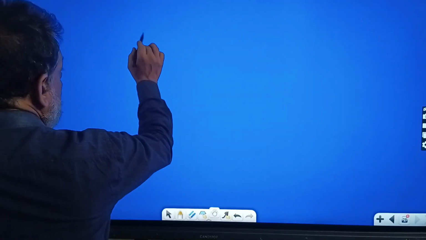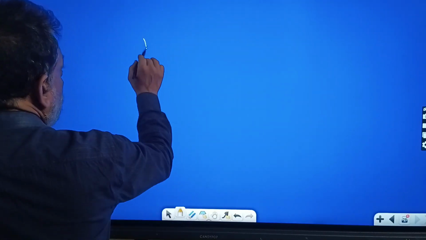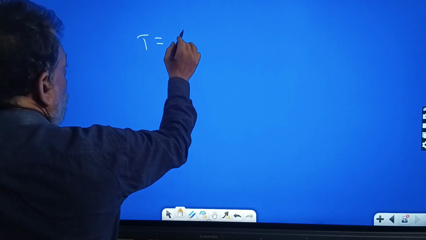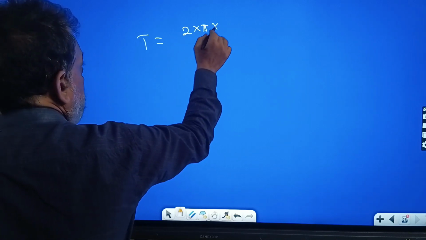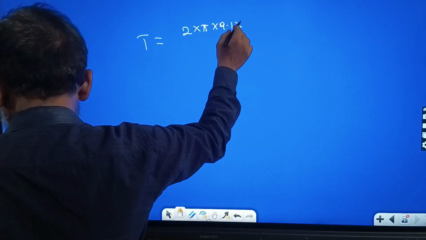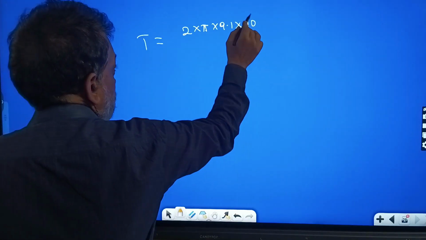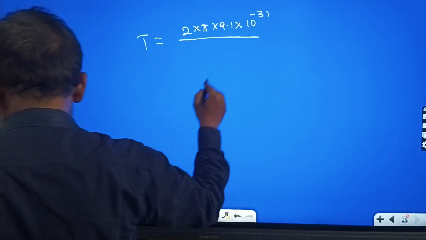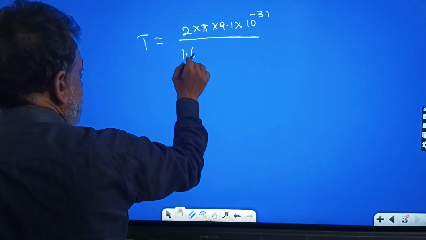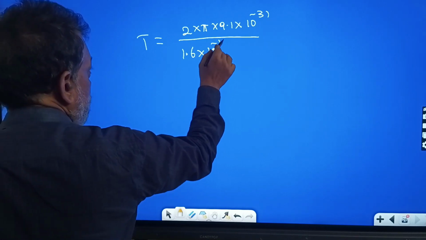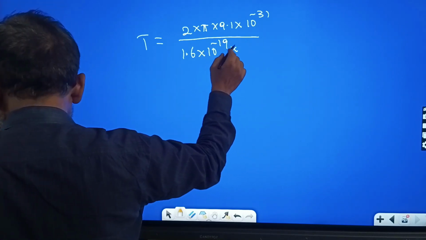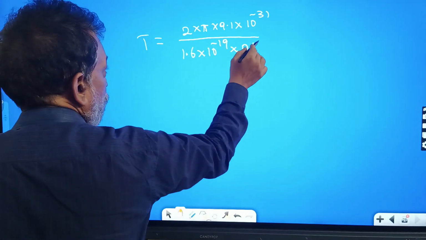T is equal to 2 into pi into 9.1 into 10 to the power of minus 31, divided by 1.6 into 10 to the power of minus 19 into 0.104.